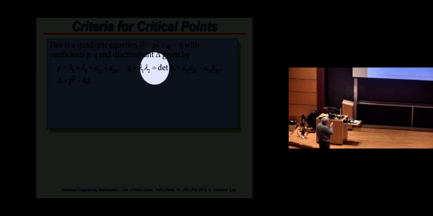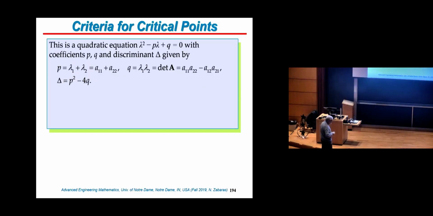And obviously, you can look at the coefficients and compute directly in terms of the coefficients what P and Q are. And then I'm also going to define P squared minus 4Q. I'm going to call it a Greek delta. Effectively, whether delta is positive or negative will determine if the eigenvalues are real, complex, or pure imaginary.